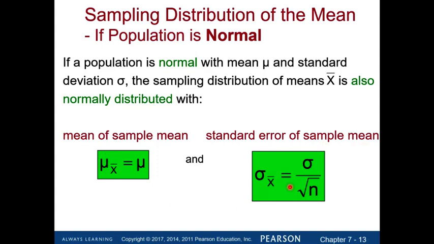The difference is, if the population is normally distributed, then the sampling distribution of sample means is always normally distributed regardless of the sample size. However, if the population is not normally distributed, then the sampling distribution is not necessarily normally distributed, and is only normally distributed with a specific sample size, and we'll discuss that later.